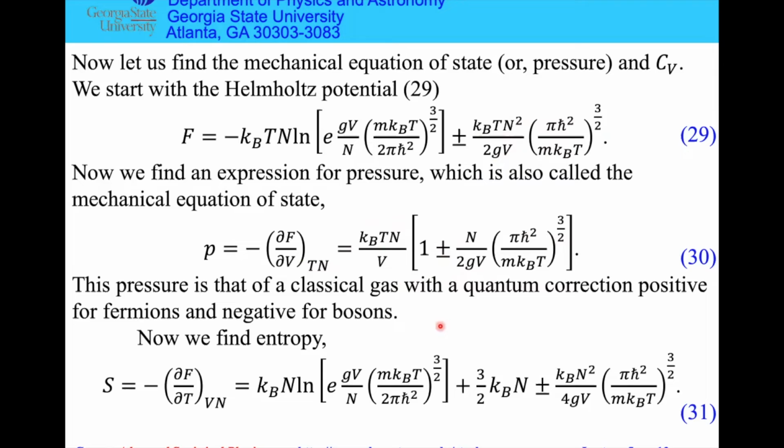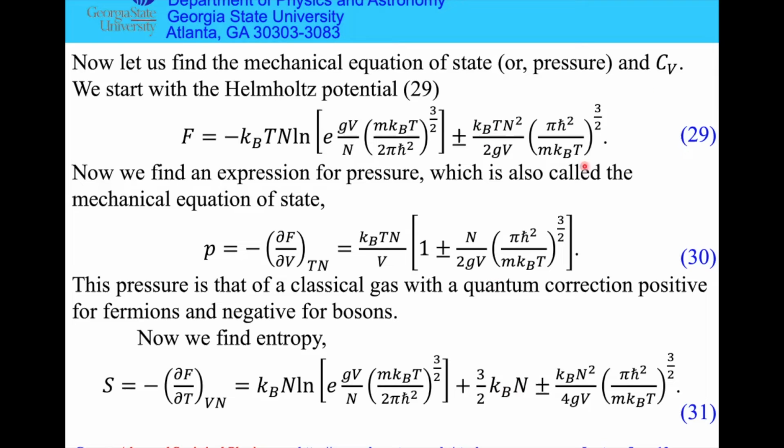Now let us go and find the thermal equation of state, which means we're finding CV. For that purpose, we first will find entropy, and S is minus dF over dT, as we know from thermodynamics. We need to differentiate over temperature. Temperature enters the first term in two places. When I differentiate this T, I'm getting the same expression without T. When I differentiate over this T, I'm getting 1 over T. This T is cancelled, and with this minus sign, I'm getting 3/2 kBN.